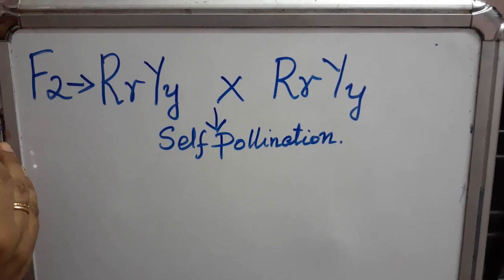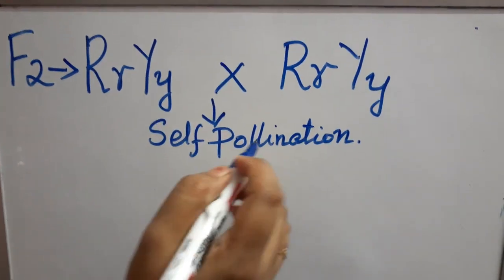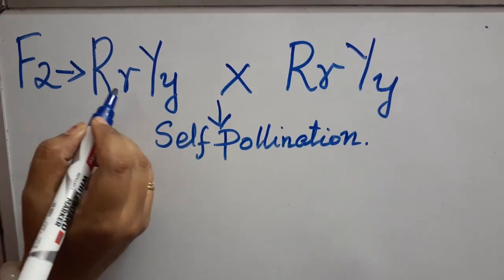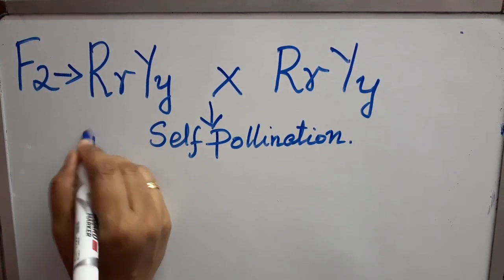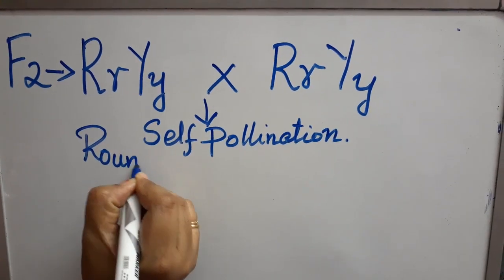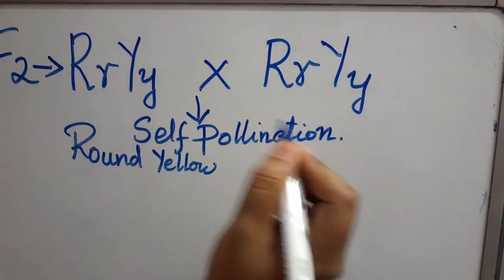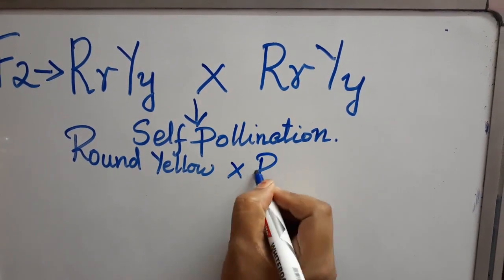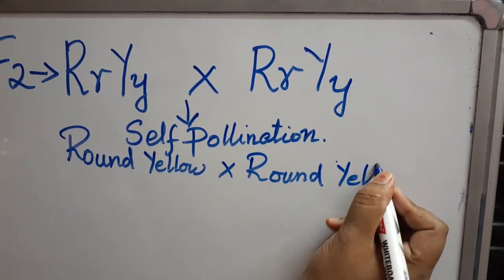After the F1 generation, we are doing the F2 generation by self-pollination. So this one, capital R, small r, capital Y, small y, is a round yellow plant. We are self-pollinating it with another round yellow seed plant.